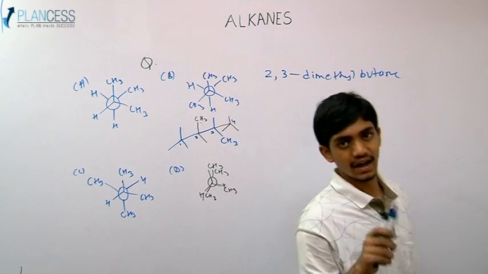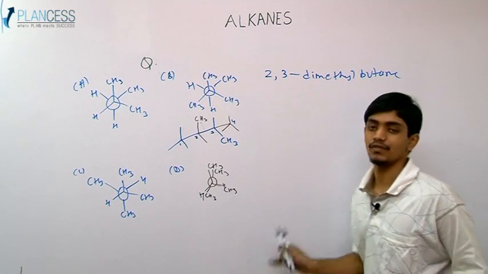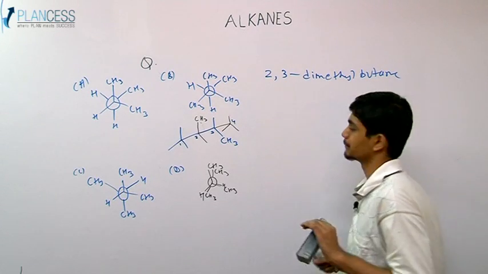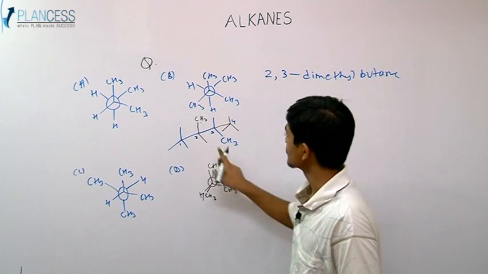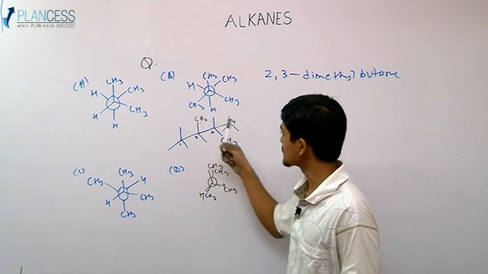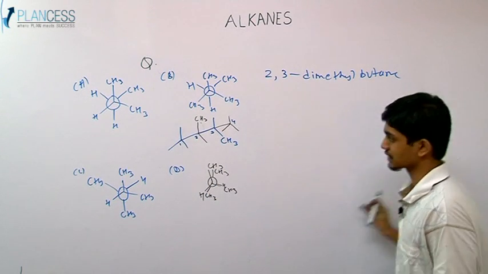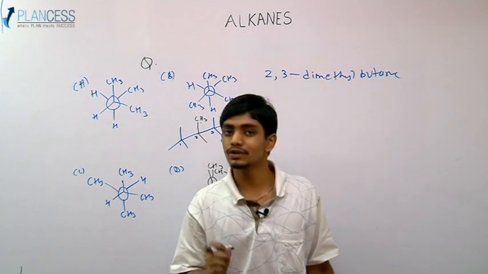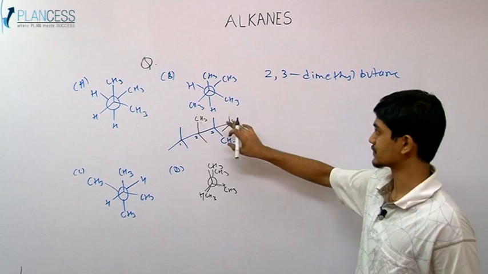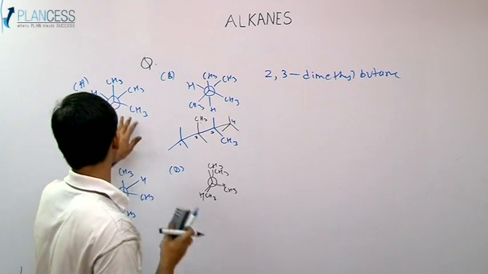Now to identify that, first of all let us see whether at least it is a Newman projection of 2,3 dimethyl butane. As we have seen, this contains how many carbons? 1, 2, 3, 4, 5, 6. So if the Newman projection contains less or more than 6 carbons, that means definitely it is wrong. 4 plus 2 is 6, and let us start from here.